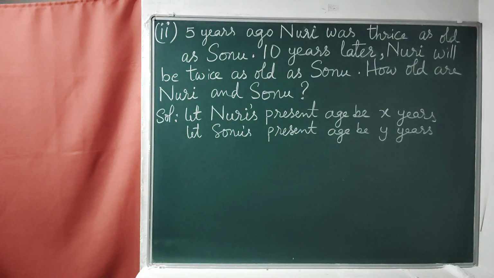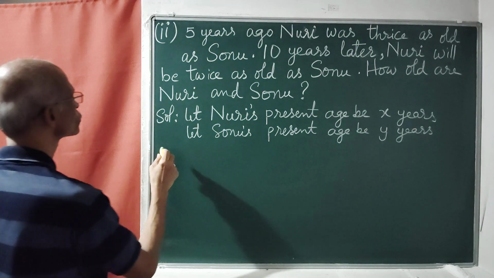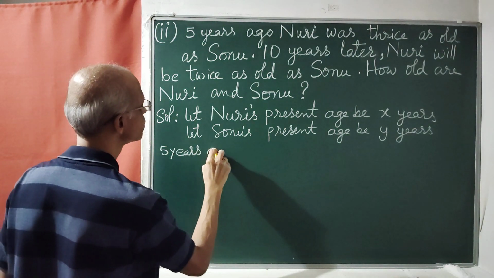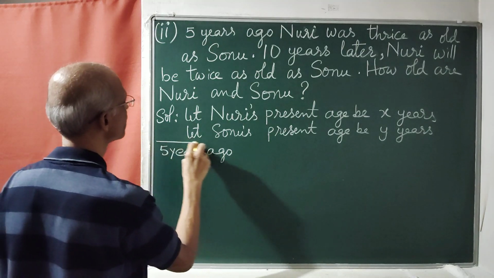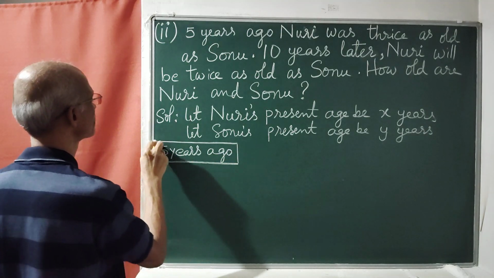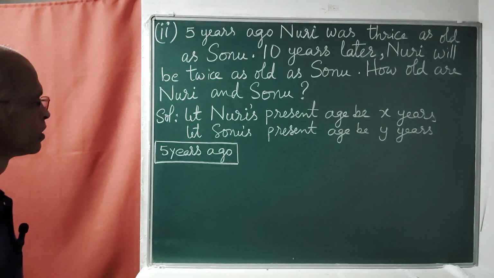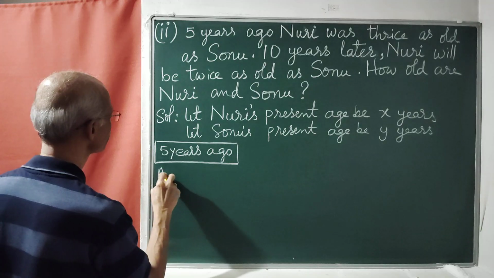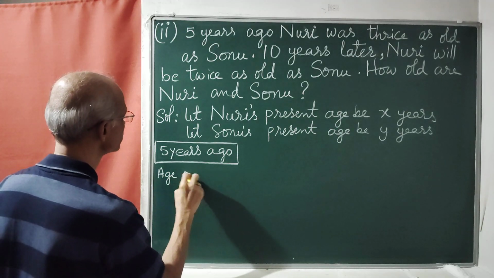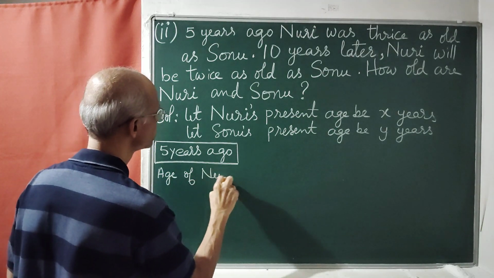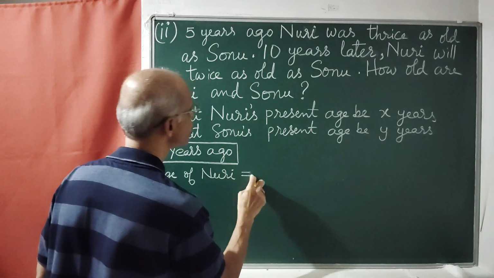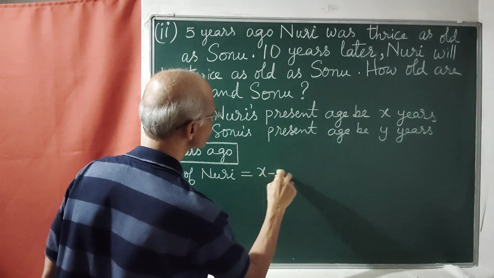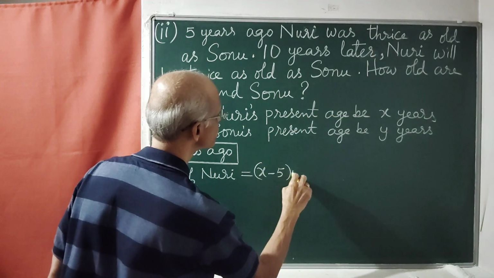Now coming to the first case, that is 5 years ago. So 5 years ago, the age of Noori will be X minus 5 years, because 5 years ago.